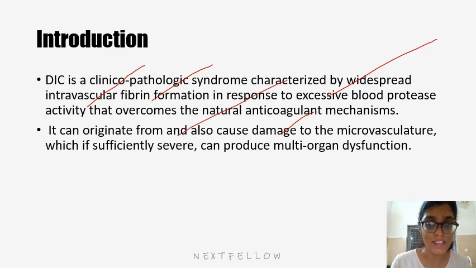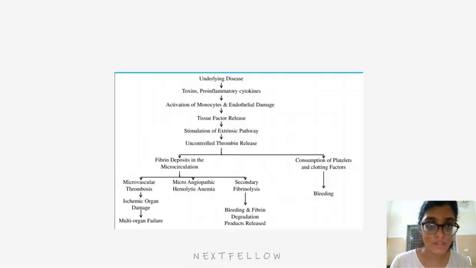produce multi-organ dysfunction. So coming to the pathophysiology, the underlying disease will release toxins and pro-inflammatory cytokines, which will activate the monocytes and cause endothelial damage, which will lead to tissue factor release, which will stimulate the extrinsic pathway of coagulation and lead to uncontrolled thrombin release.